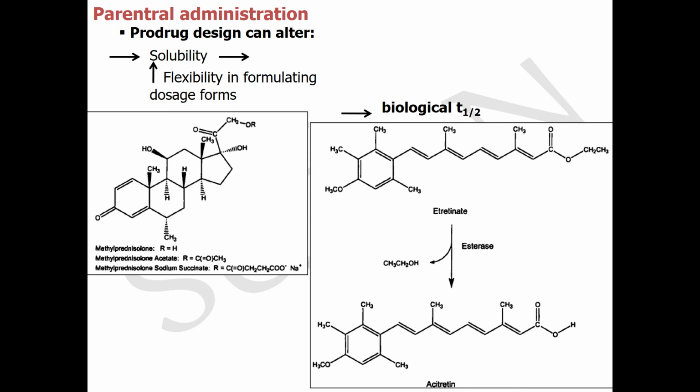The prodrug design can also alter several other properties. For example, prodrug design can alter solubility characteristics, and this will increase flexibility in formulating dosage forms. The example of prodrug design that can alter solubility is methylprednisolone. أيضا هاي الستركتشرز مطلوبة.